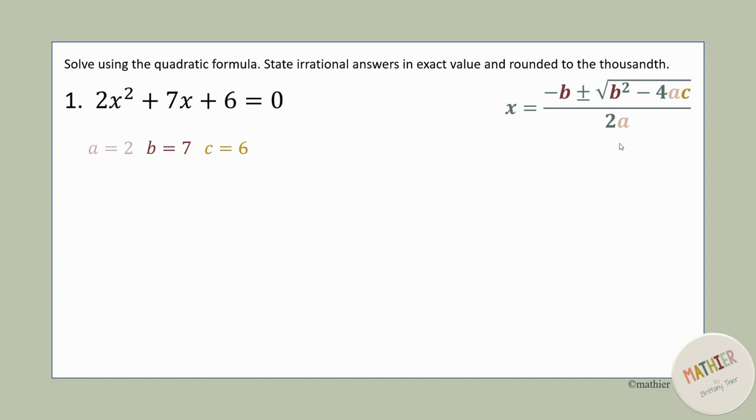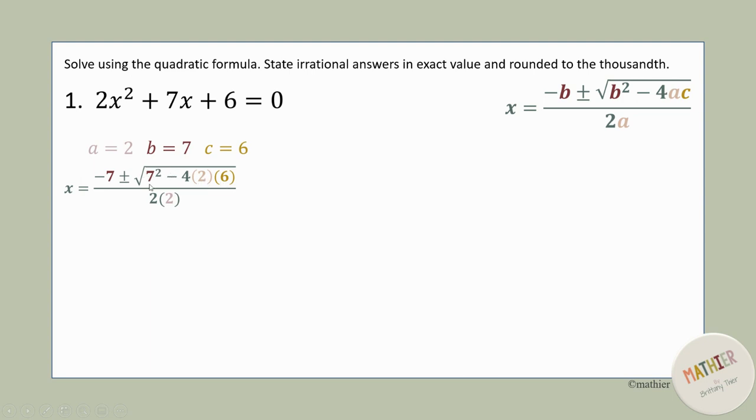As I said, a is 2, the number in front of x squared, b is 7, the number in front of x, and c is 6. Substituting in those three numbers, it looks like this. x equals -7 plus or minus the square root of 7 squared minus 4 times 2 times 6.